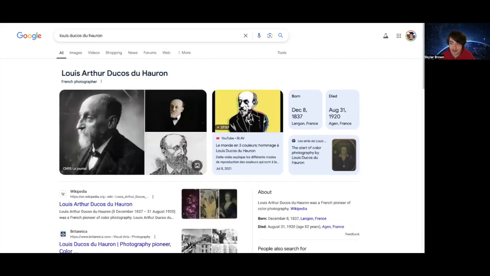And so next, in 1891, French photographer Louis Arthur Ducos du Haron patented anaglyph. And the word anaglyph means sculpture in Greek, and he patented anaglyph 3D in 1891.